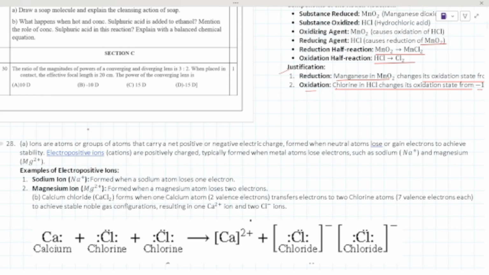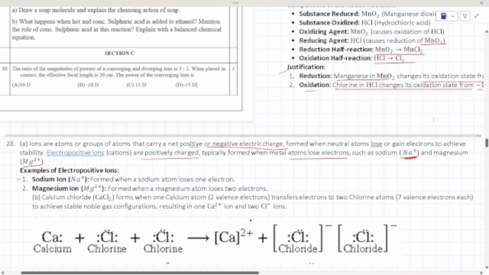See here the explanation. Ions are atoms or groups of atoms that carry a net positive or negative electric charge, formed when neutral atoms lose or gain electrons. The electropositive ions, known as cations, are positively charged, typically formed when metal atoms, such as sodium, Na plus, lose electrons, and magnesium, Mg2 plus.